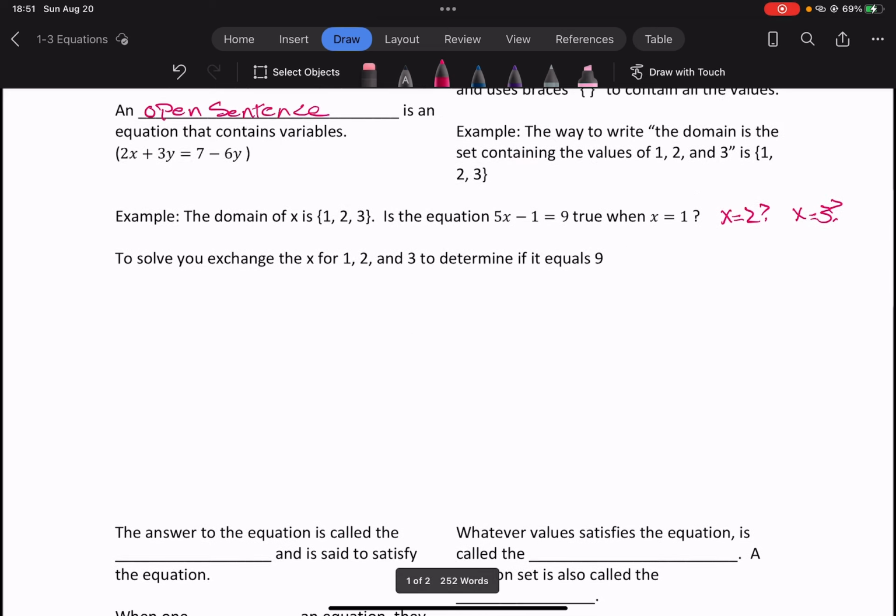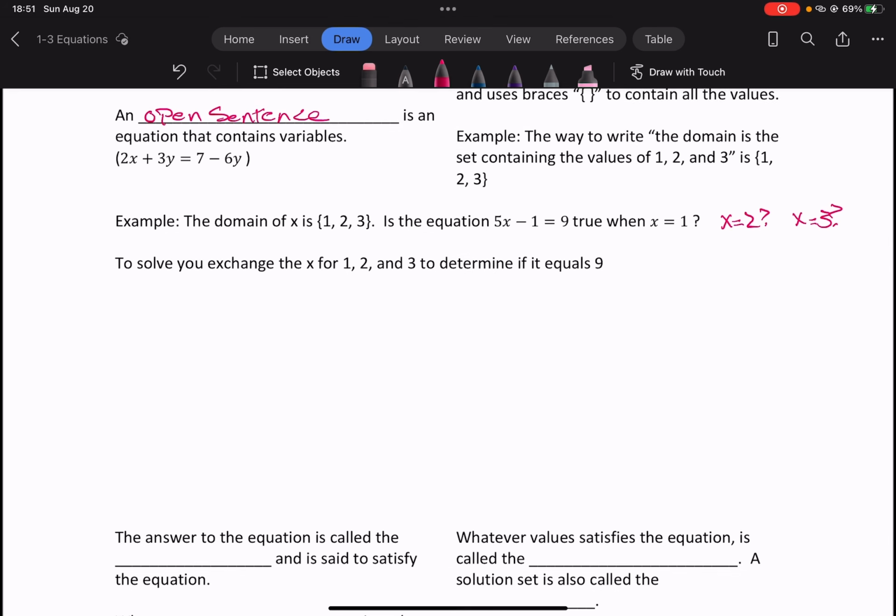To solve questions like these, we want to know which one of those equals 9. So I'll say, okay, x equals 1. I'll do 5 times 1 minus 1 equals 9.